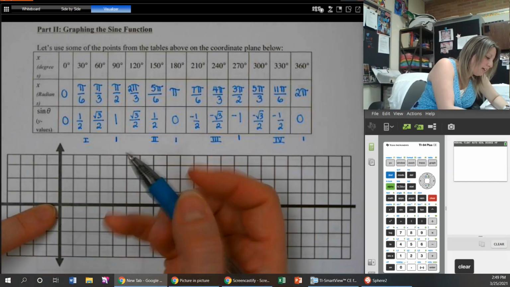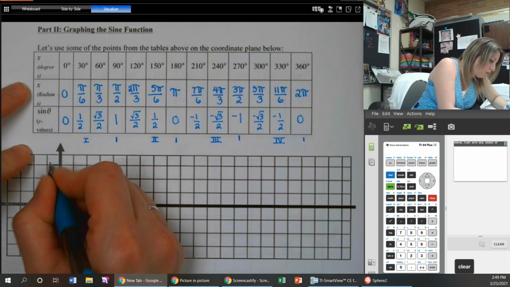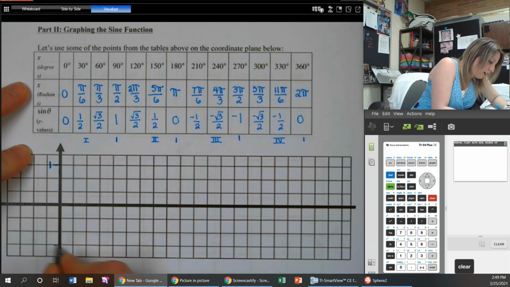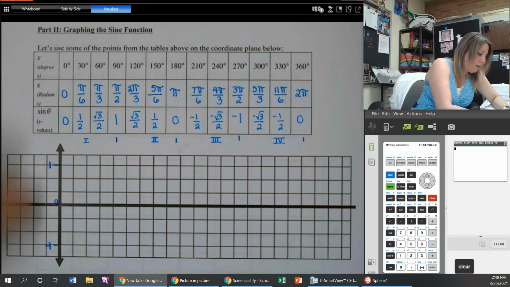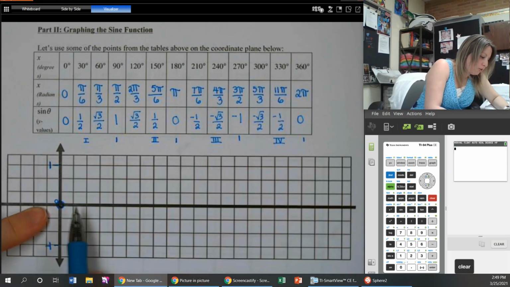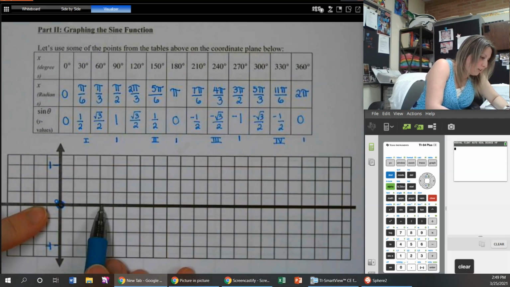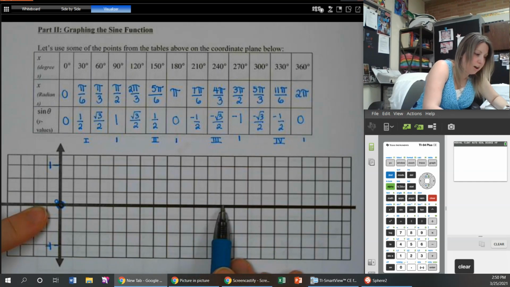Okay, so let's consider this to be our 1 and our negative 1. So it gives us a little space. Of course, this is our 0 right here. So 0, 0 is the start. Let me just count because I've got to get over to 2 pi radians. So let's say 30, 60, 90, 120, 150, 180. That's pi, right? 210, 240, 270, 300, 330, 360. I'm going to have to go by ones, I'm not going to be able to fit all the way.